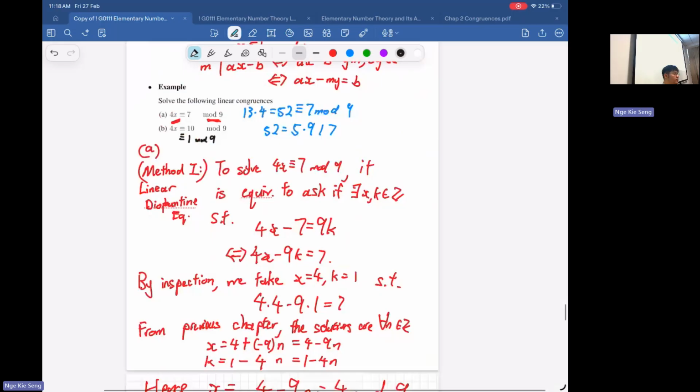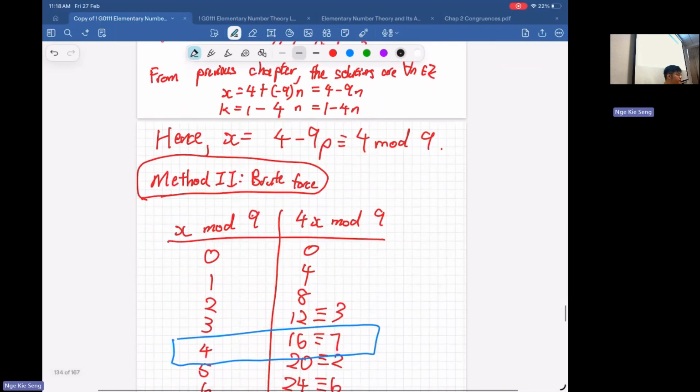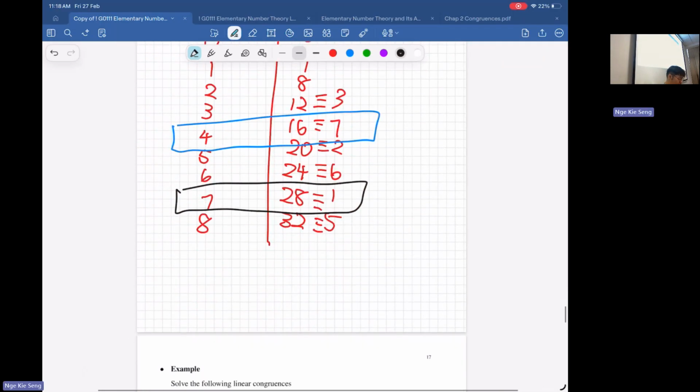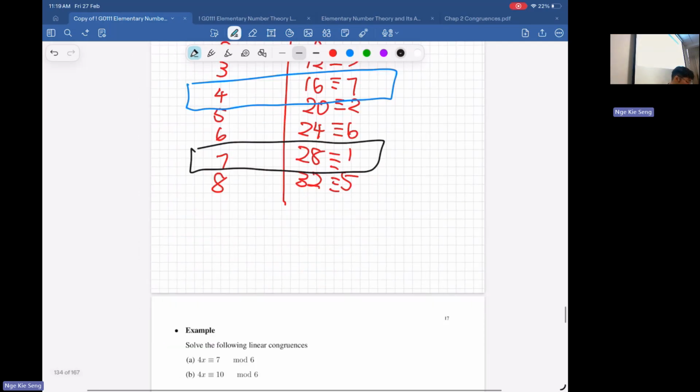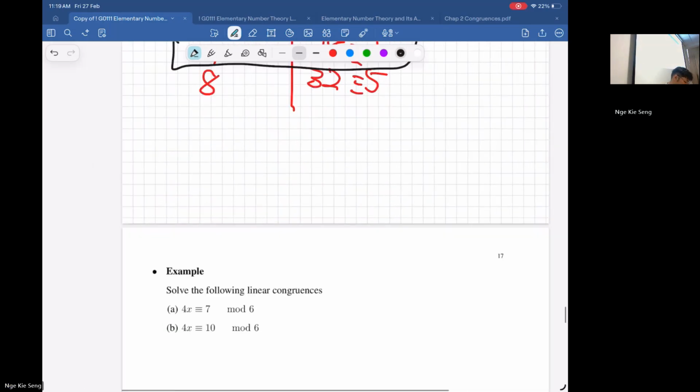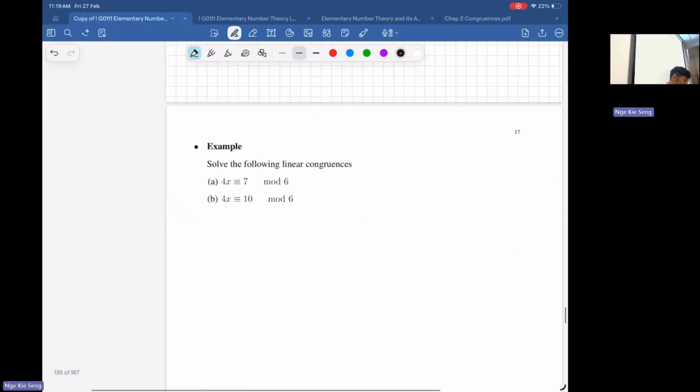Any question for now? No? Okay. Quite straightforward. These calculations seem very easy, but there are deep concepts behind them. Then you can do this mod 6. This one I leave as an exercise. Very straightforward.